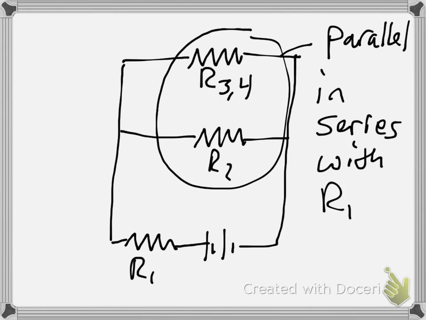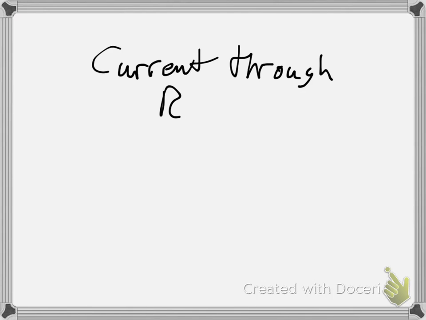So that gets you started there, and then you can work backward to then find the current delivered through each resistor. Now, remember that the current through R1 will be the total current.